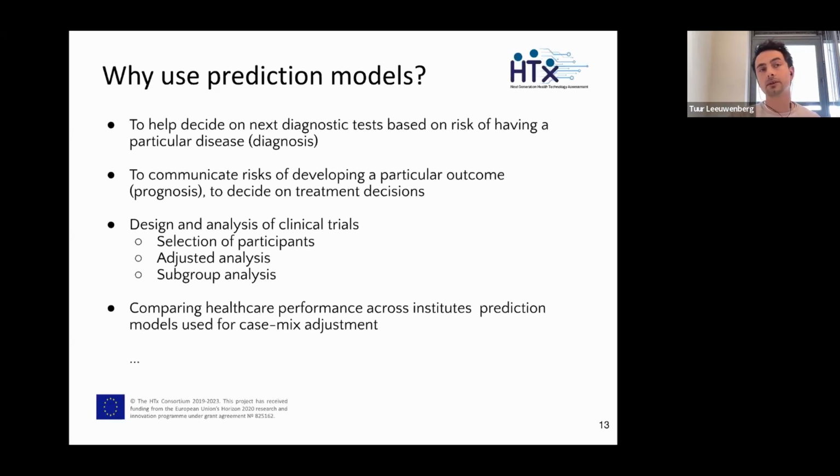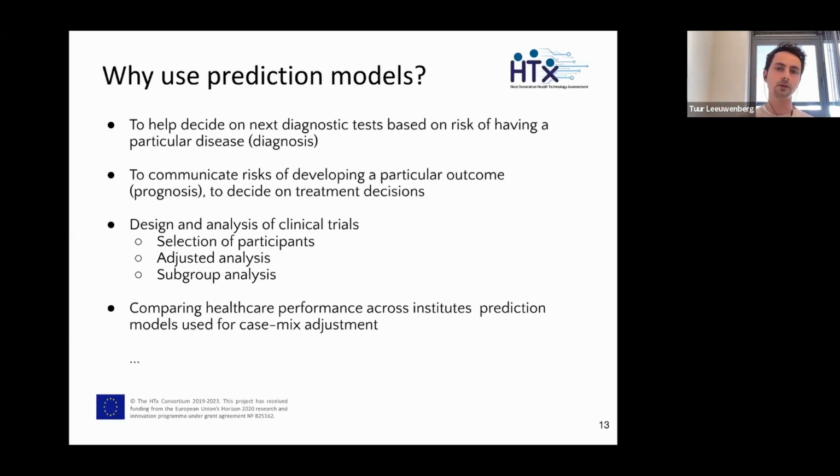One or two other more technical uses in research are, for example, that you want to select certain patient populations that are already at high risk of a certain outcome. Or if you want to compare different institutions on how well they do a certain surgical procedure, you might need to correct for the severity of patients that are coming in.